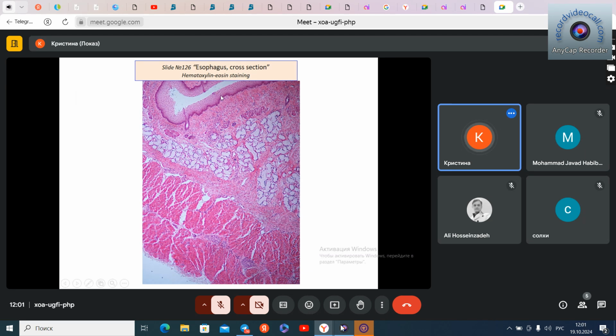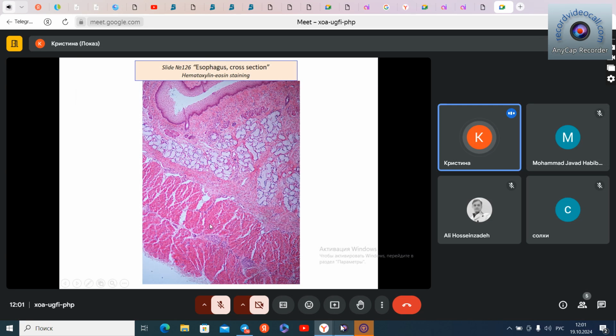Tunica mucosa, from the surface of the epithelium till the lamina muscularis. Lamina muscularis is here. It is cross-sectioned bundles of smooth muscle tissue. After it starts the submucosa. It goes from the lamina muscularis mucosa till the muscularis externa.